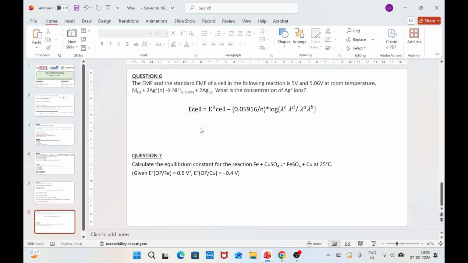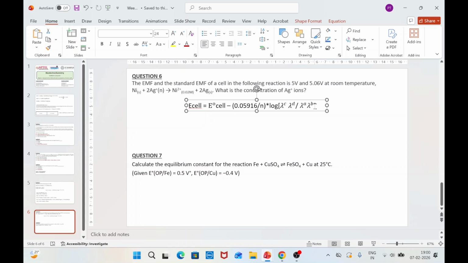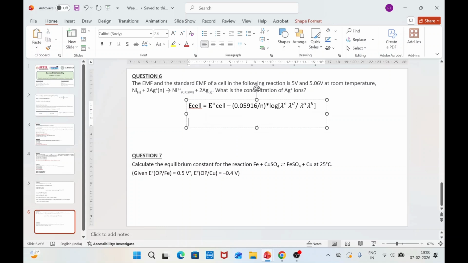Use this expression, substitute the respective values and then calculate. Let me start the calculation, but please wait. If you have already calculated and have the answer with you, please let me know. Meanwhile, let me solve this question.